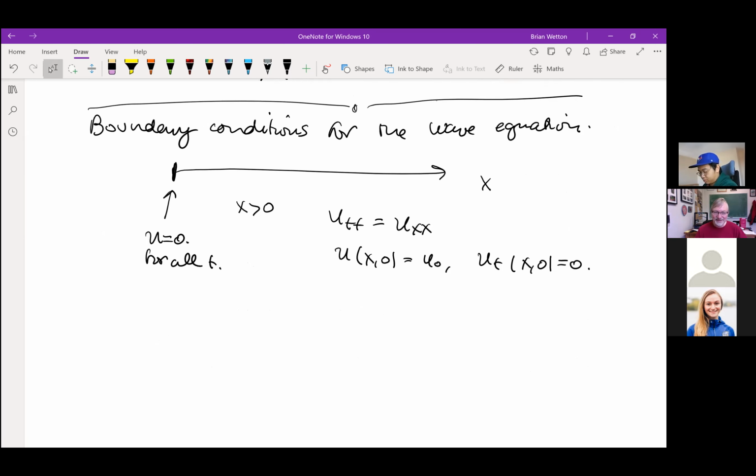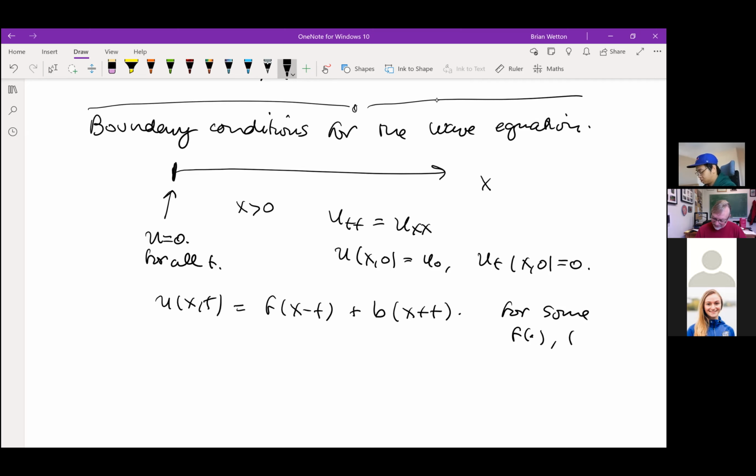Now what's interesting is D'Alembert's solution still applies. It's the wave equation. You put in a boundary condition, but it's still true that in the 1D wave equation, you can write the solution as some function of x minus t plus some function of x plus t. Now I'm going to remember not to use g but b for backward, for some f and b.